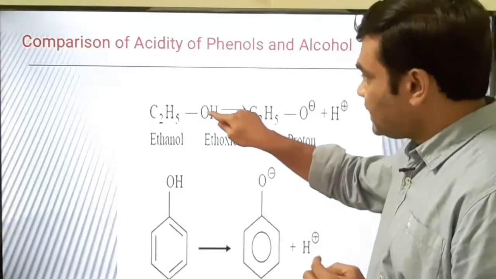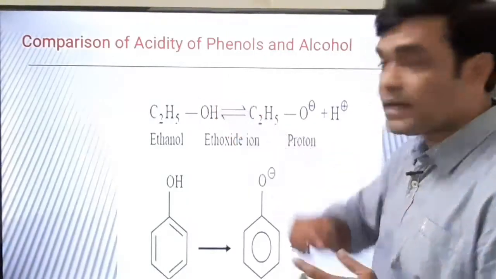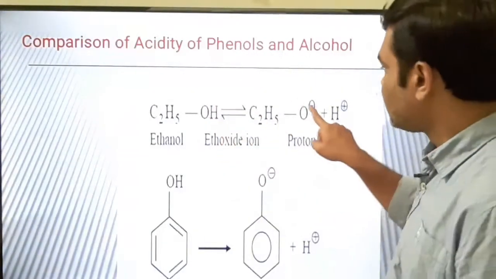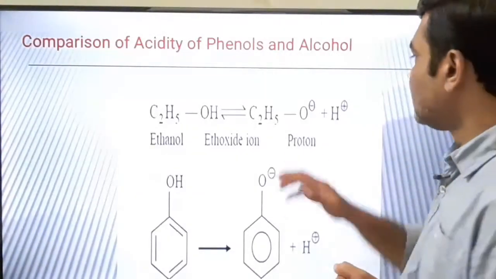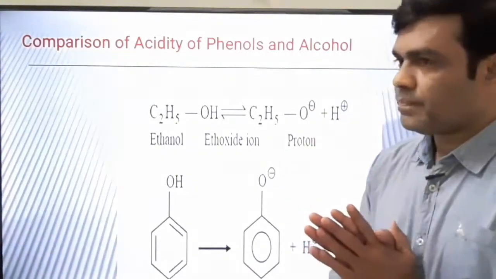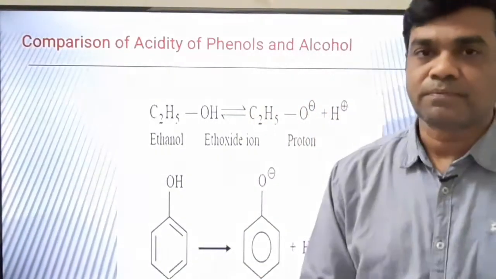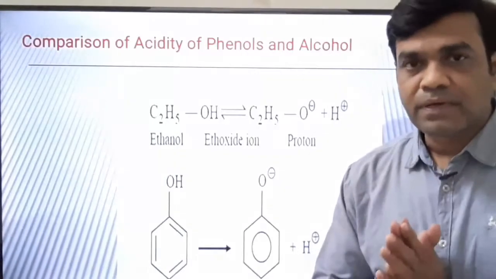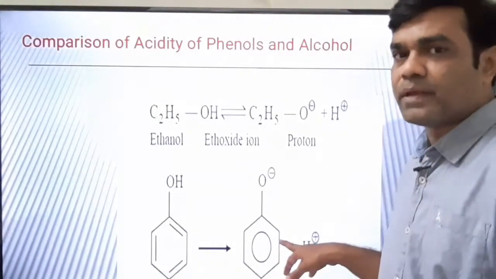If I break this bond heterolytically, oxygen gains the electron pair, oxygen has the negative charge, so it is an ethoxide ion, and a proton is donated. But see, this ethoxide ion is not stable because there is no resonance like in the phenoxide ion.